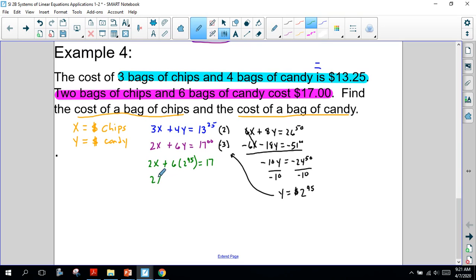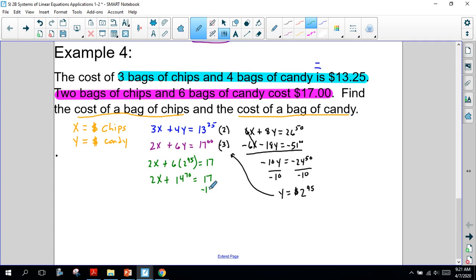My 2x comes down, plus 6 times 2.45. That kind of looks like a 9 there. It's supposed to be 2.45. 6 times 2.45 is going to be 14.70, and that is equal to 17.